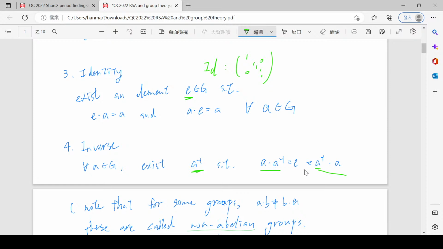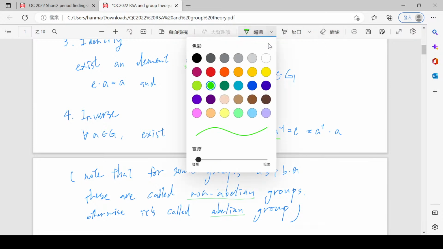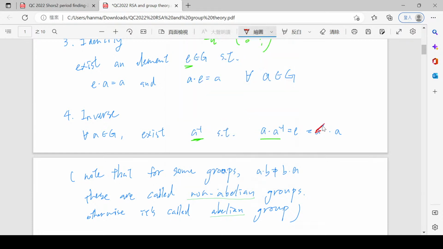And you can prove that actually left inverse will equal to right inverse, and we'll skip that here. But anyway, inverse element will satisfy the property such that if you multiply A with A minus 1, you will equal to identity, or you multiply A minus 1 with A, you will also equal to identity. So this should be minus 1, so let's make this more clear. So A minus 1, and this is A minus 1, okay?